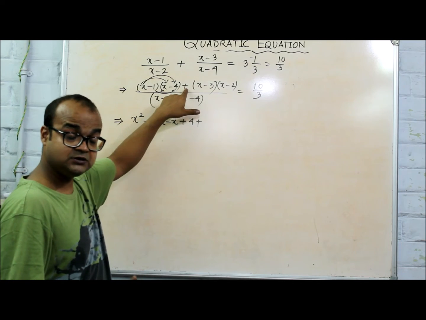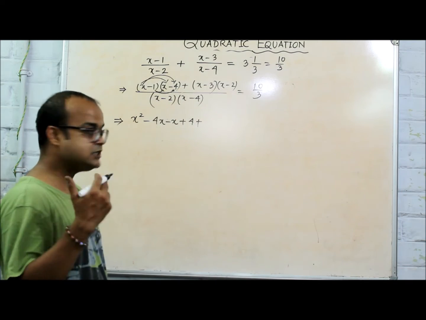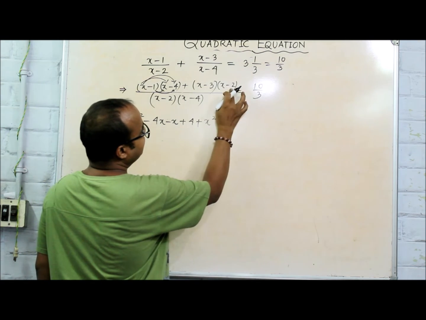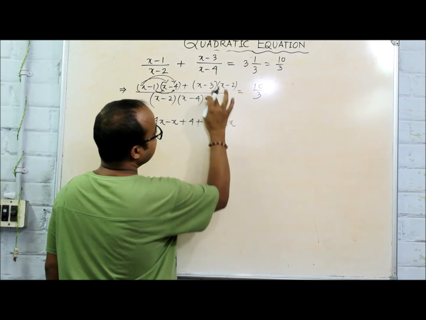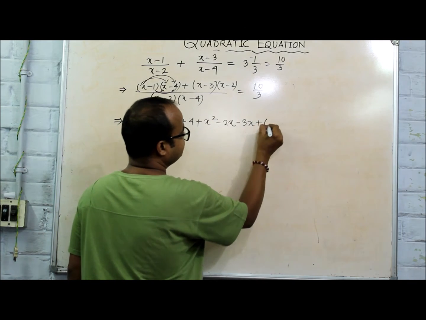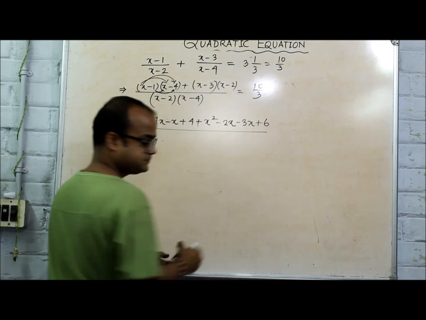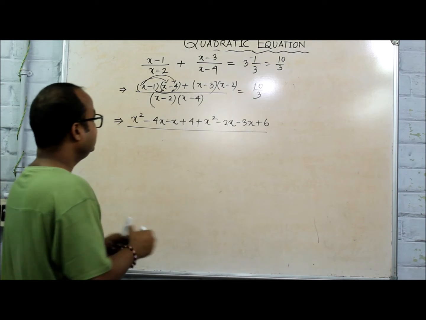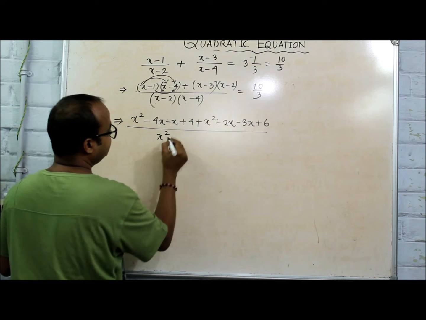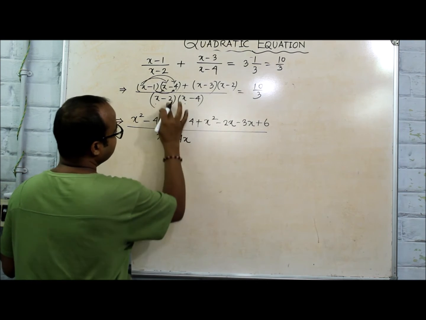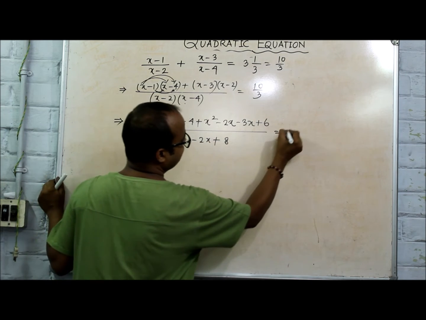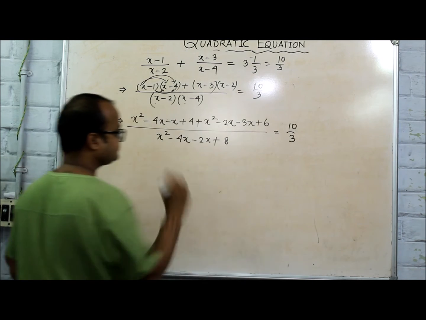If it is minus, then we need to change the sign. So x square minus 2x minus 3x plus 6 by, if we multiply these two, x square minus 4x minus 2x plus 8 is equal to 10 by 3.